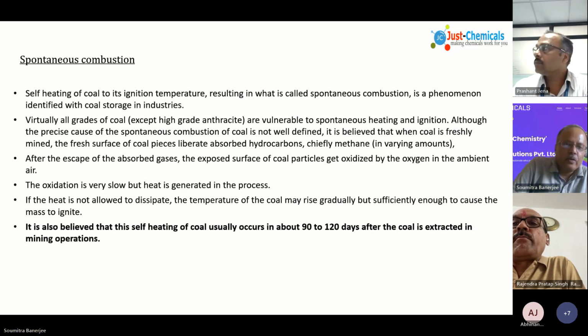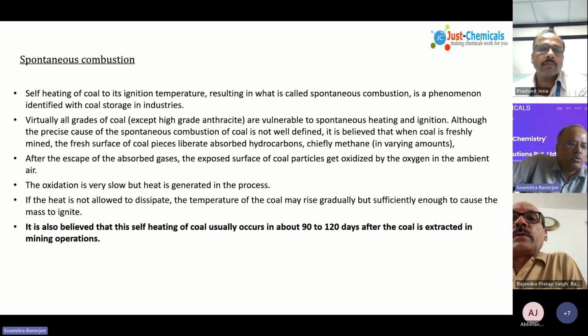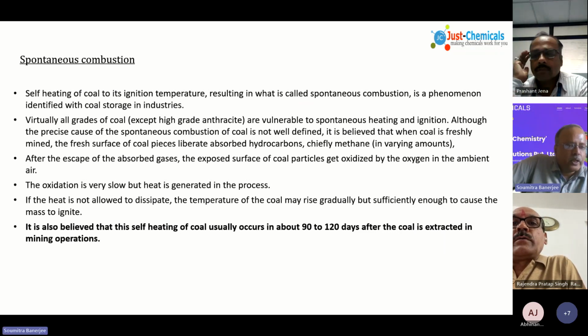And then oxygen goes inside those pores. The exposed surface of the coal particles gets oxidized by oxygen in the ambient air. The oxidation is very slow and the heat generation is still there, but it's not noticeable very quickly.